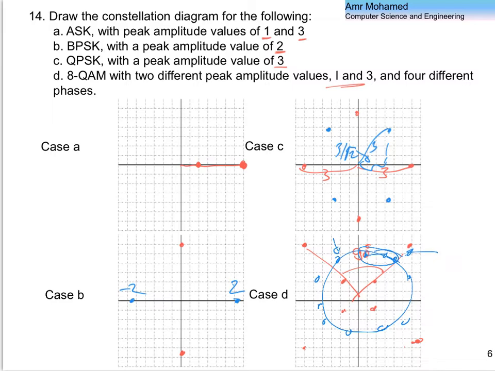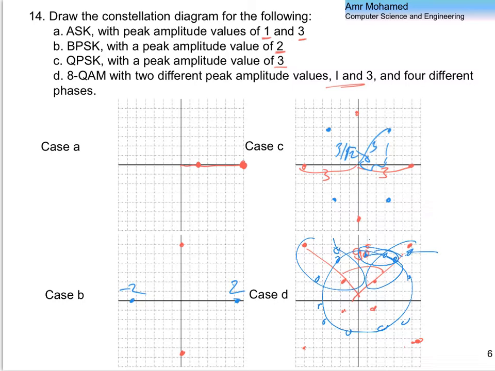But what does QAM do? QAM provides more degrees of freedom to change the amplitude, so it makes you more able to distribute the symbols on the IQ diagram efficiently, so that the distance between the symbols becomes further away.